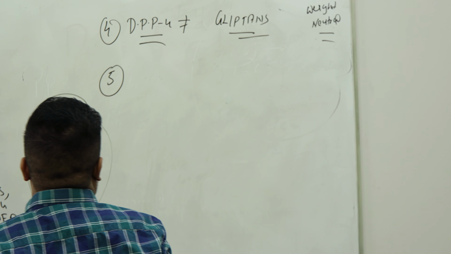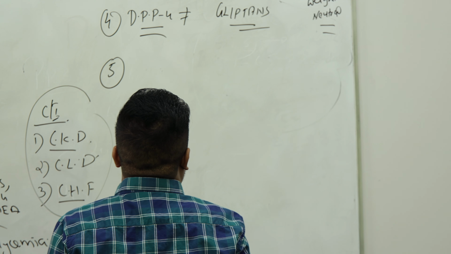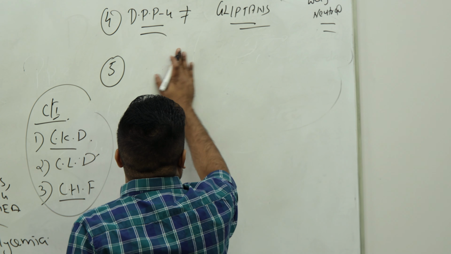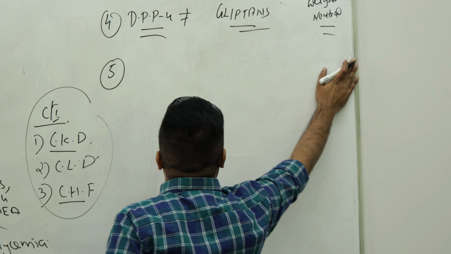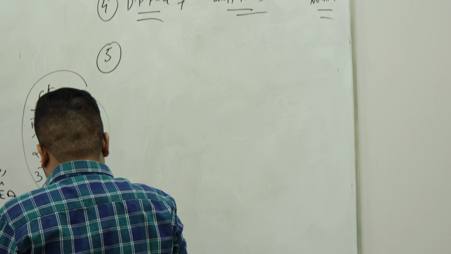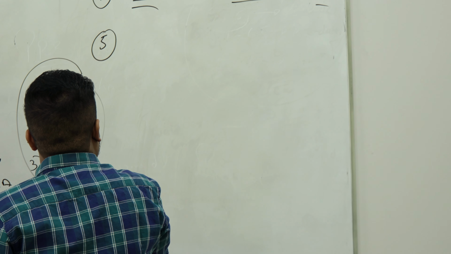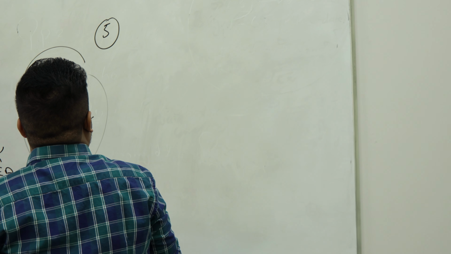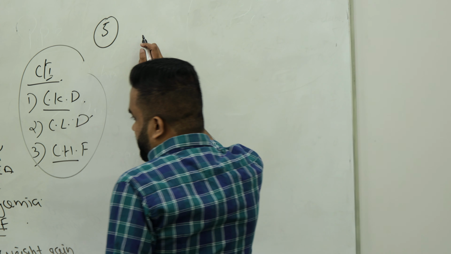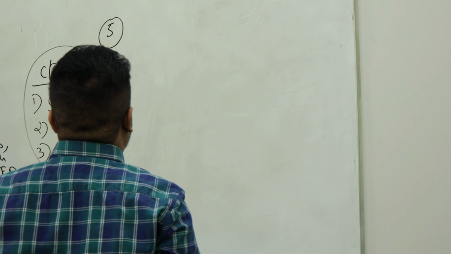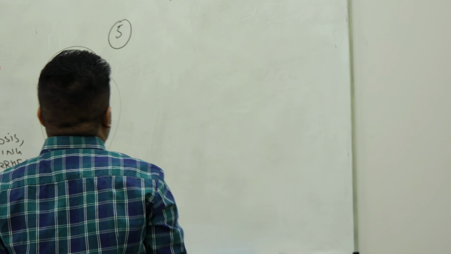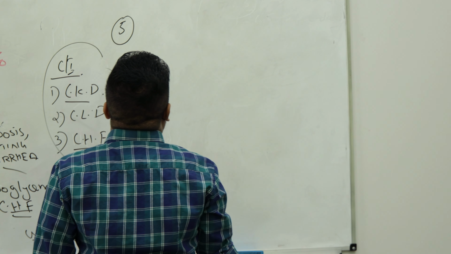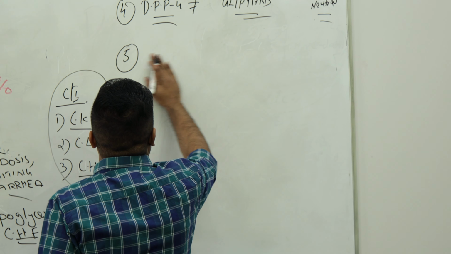DPP4 inhibitor, right, that is called what? Gliptins. So DPP4 inhibitors we have, thiazolidinediones we have.